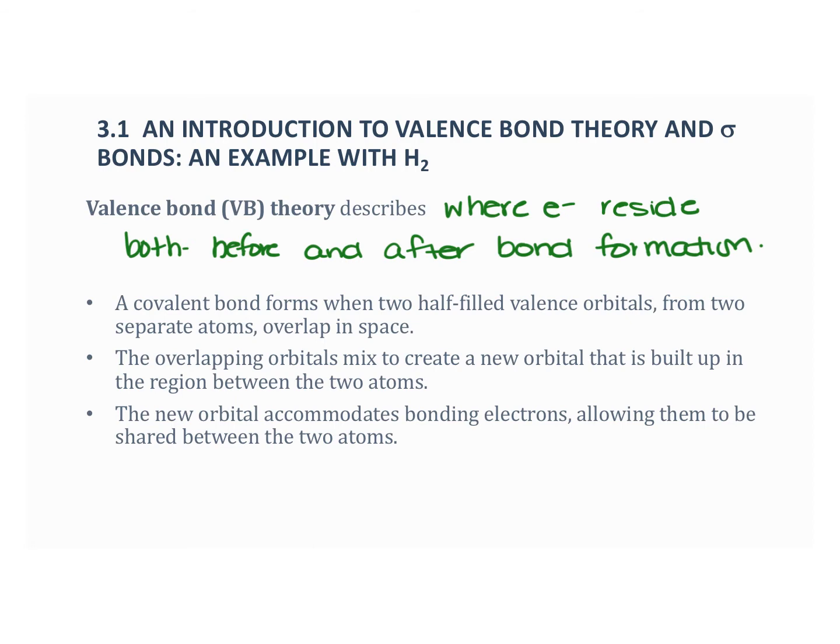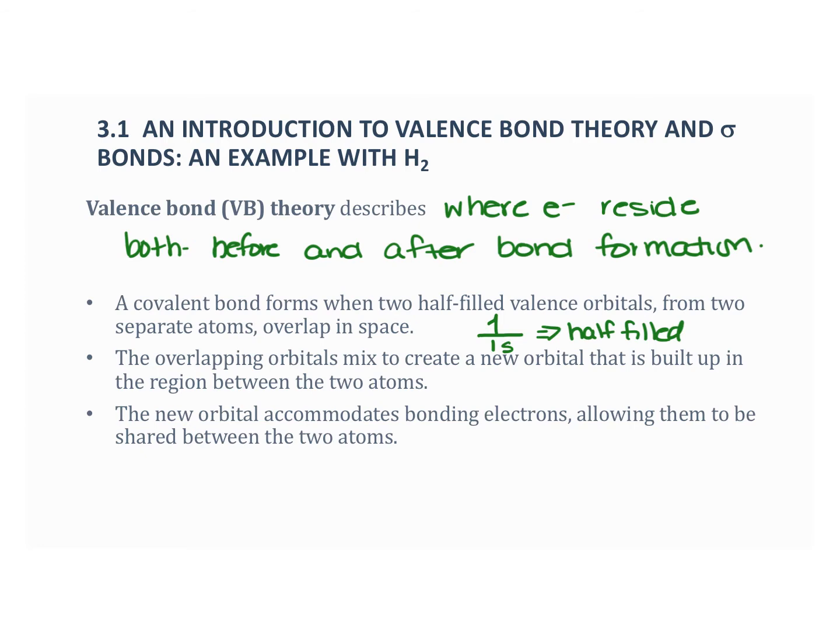When we talk about half-filled valence orbitals, if we have a valence orbital, like the 1s orbital, if it's half-filled, it just has 1 electron in it. That's half-filled. Basically we're saying we have to have these unpaired electrons in these orbitals form a covalent bond.